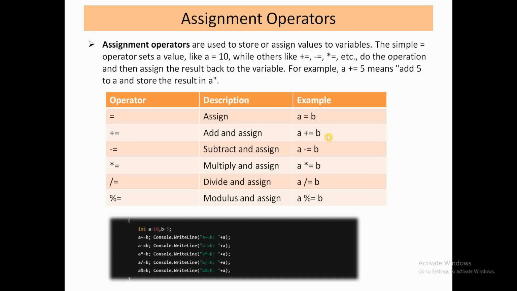The normal form is a is equal to a plus b, but here we are using the assignment operator, so this is the format of the assignment operator: a plus equal to b. Same in the case of subtraction, multiplication, division, modulus. And here we have the example: int a is equal to 10, b is equal to 5. Here we are using all assignment operators like addition, subtraction, multiplication, division, modulus.